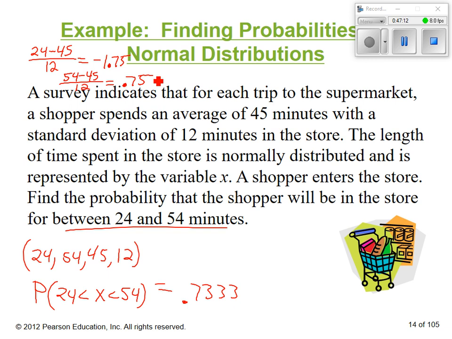You don't have to change them into z-scores, but you have to know how to change a number into a z-score, because that's going to be part of what I'm going to ask you at some point: how do you change that into a z-score. So now we could punch it in just like this using the z-scores.